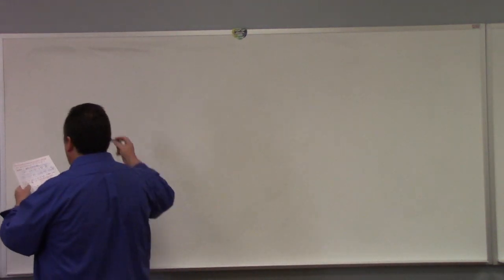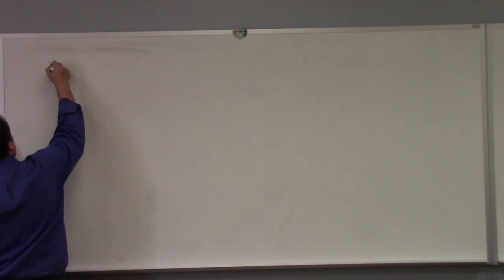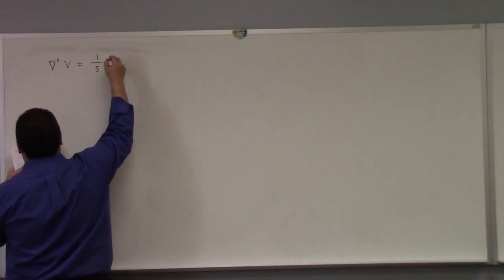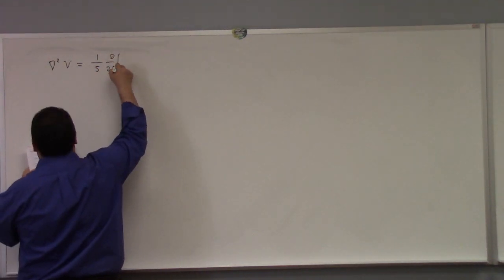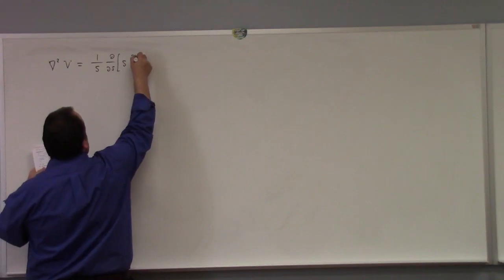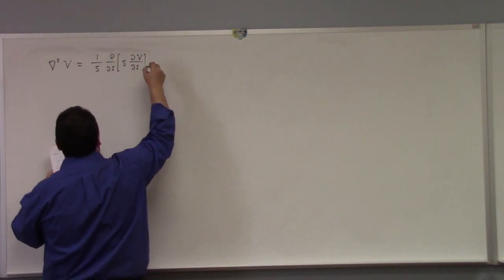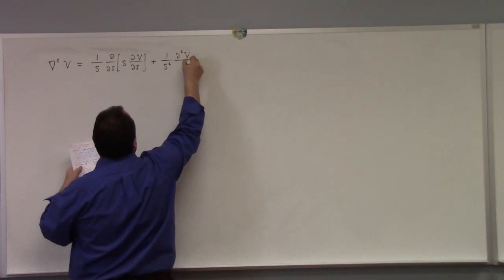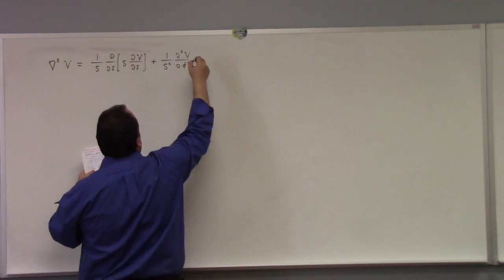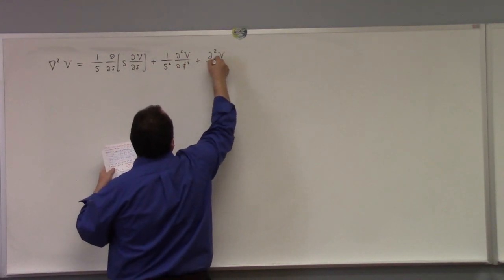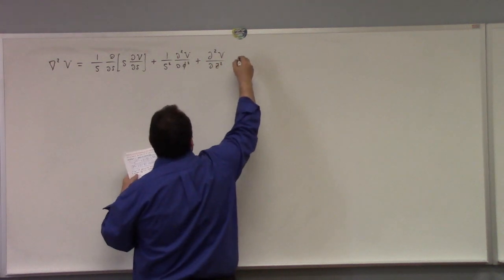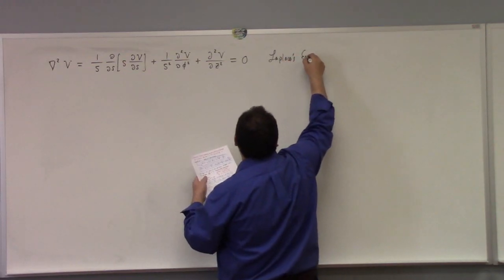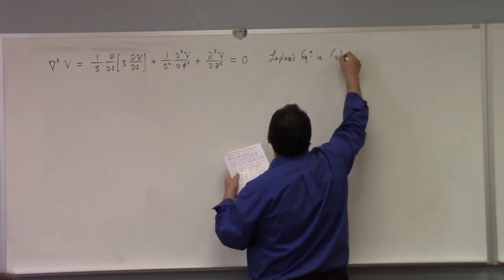All right, so here's the deal. We have this thing. So what we're looking at right here, this is the Laplacian, and so this equal to 0 is Laplace's equation in cylindrical coordinates, right?